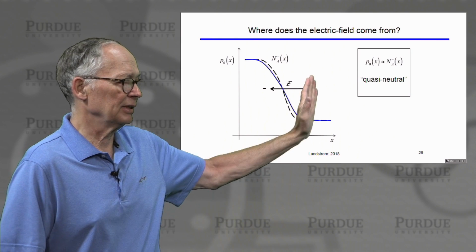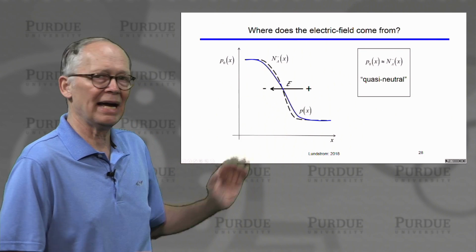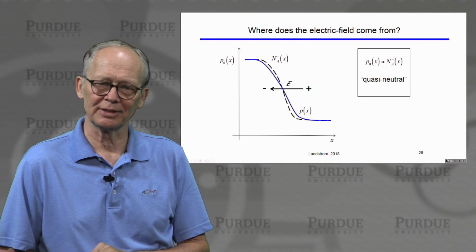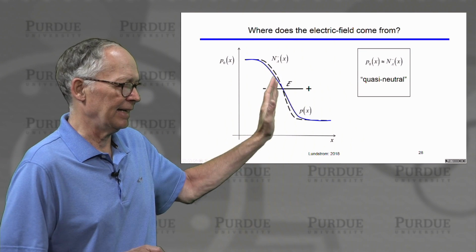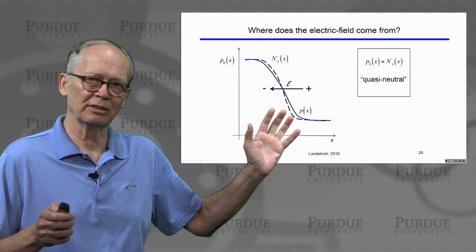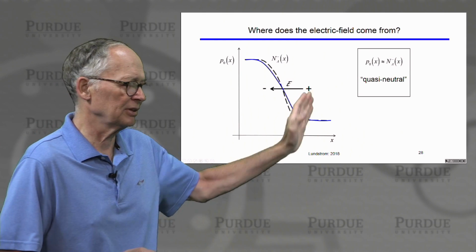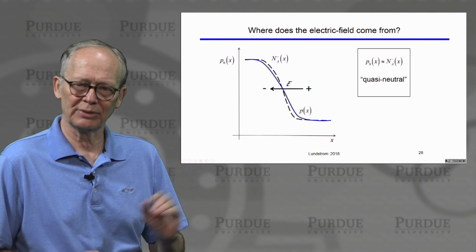The electric field is going to put a force on the holes that will push them back to the left and stop them from diffusing. This is the origin of the electric field. There will be a short transient, diffusion will occur, charge will be uncovered, an electric field will be produced. The electric field then will act to stop that diffusion process and hold everything in place.